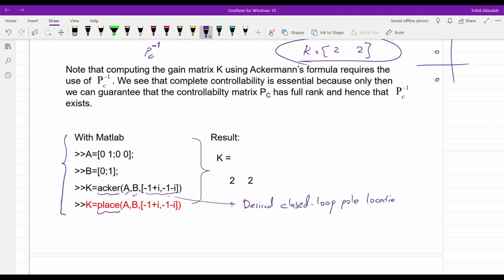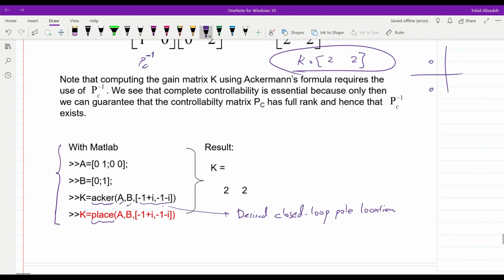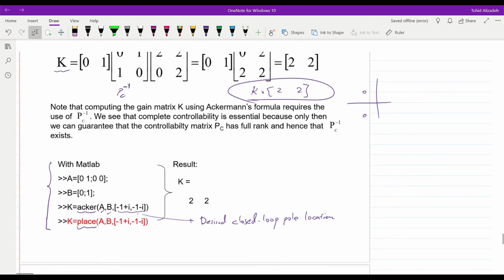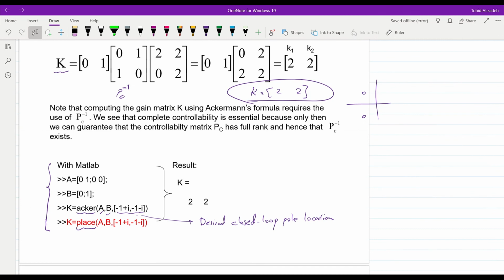You don't give it in the form of a polynomial, but you just determine the location for each one of the poles of the system. And I hope you see that using the Ackermann formula, it is kind of easy to determine the state feedback gain values.